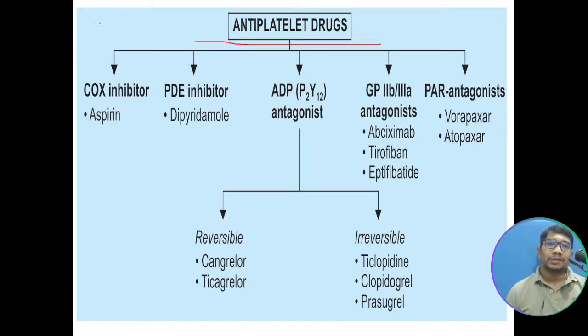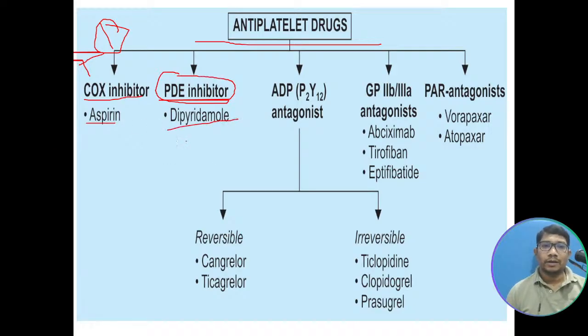So in that, the first class is COX inhibitors, or you can say thromboxane inhibitors. The COX inhibitor or thromboxane inhibitor is aspirin. Then the phosphodiesterase inhibitor, PDE inhibitor, is known as dipyridamole.